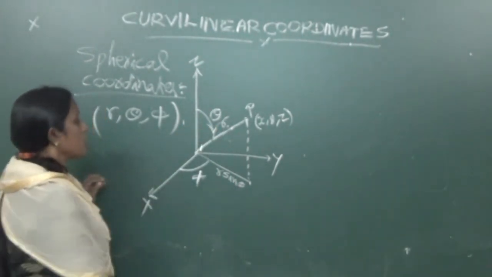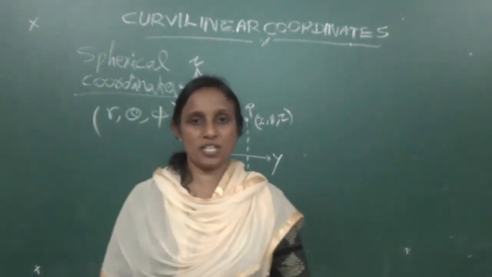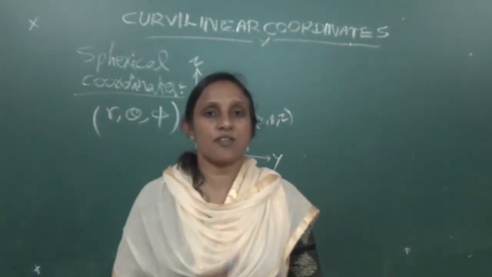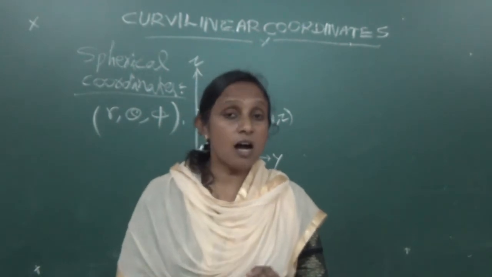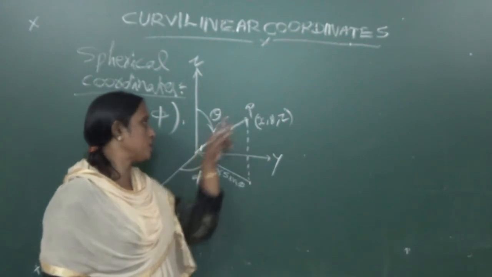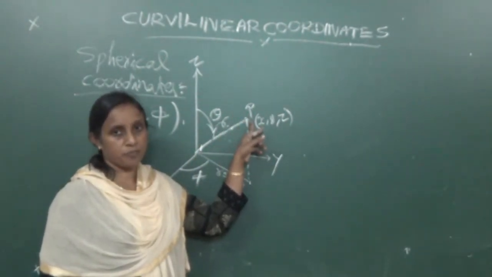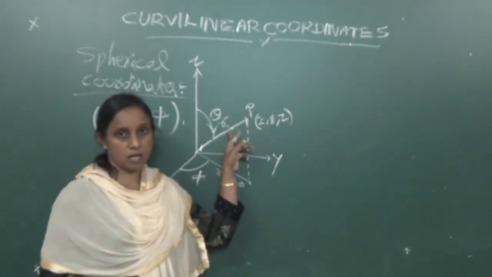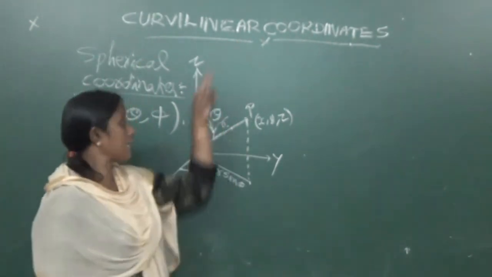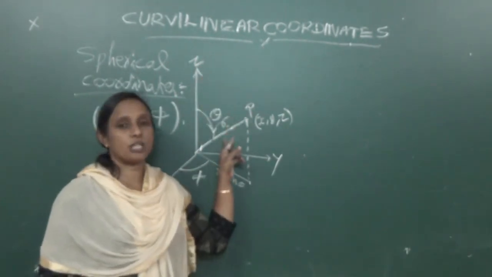So in the spherical polar coordinate system, we have three coordinates r, theta and phi. Here r is the radial distance, that is the distance from the origin to the position of the point P. Now the angle theta is defined from the z axis to the vector r.